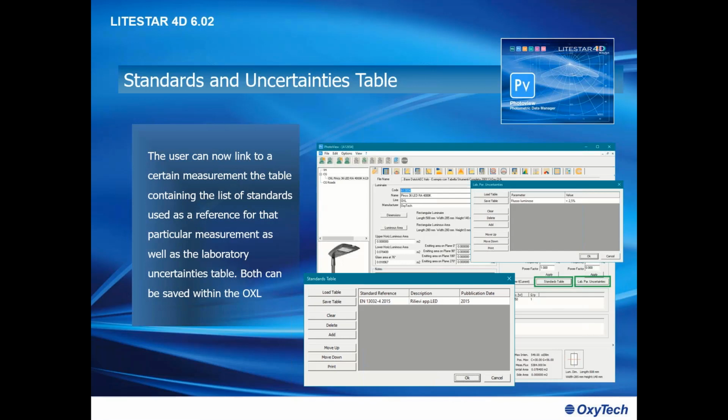And this will be saved again together with the OXL file. The same for the uncertainties. The laboratory is characterized with a certain amount of uncertainties, and these uncertainties can be defined through the uncertainty table, which again can be saved at the end within the OXL file.